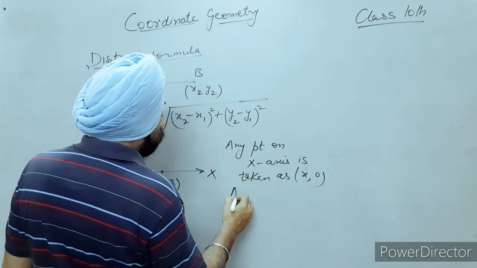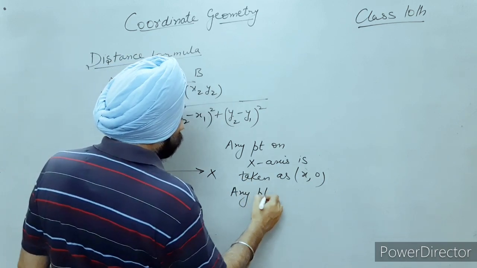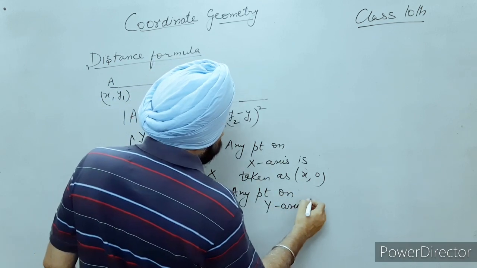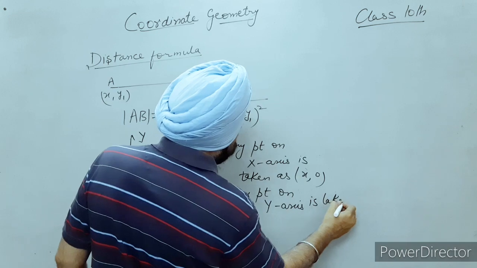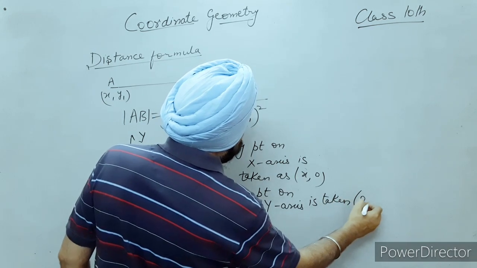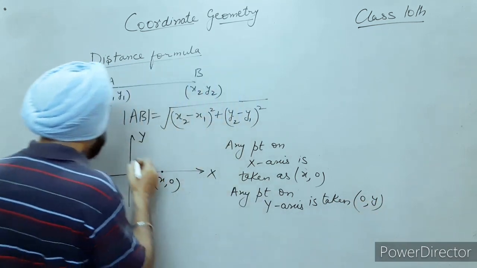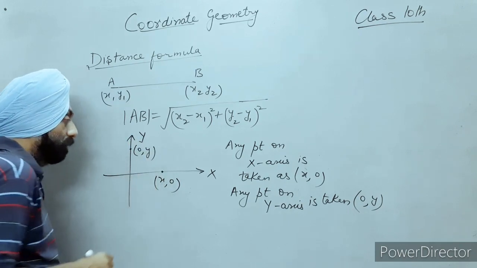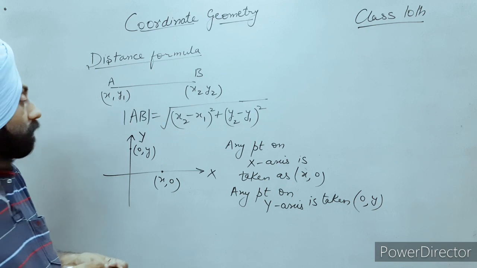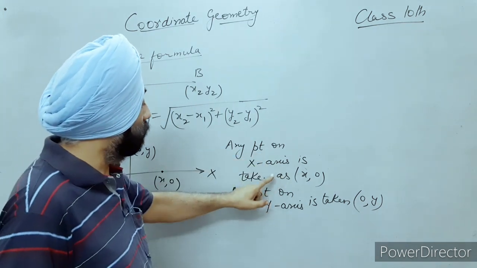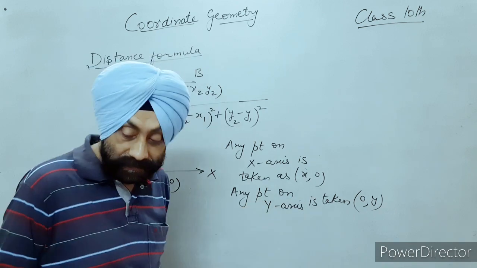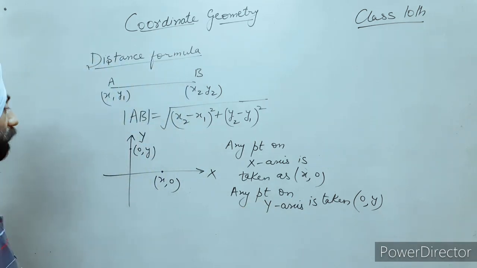Similarly, any point on y-axis is taken as 0 comma y, because abscissa is 0 on the y-axis. Remember, these points on the x-axis is taken as x comma 0. Point on the y-axis is taken as 0 comma y.